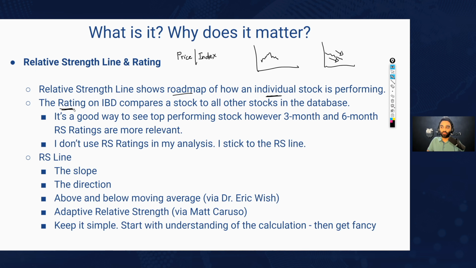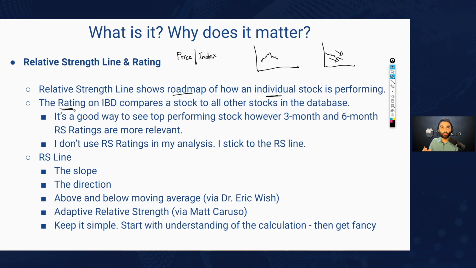The rating itself compares the IBD rating that everybody's fascinated by. It takes a stock and compares it to all other stocks in its database, and it comes back with a rating of 99, meaning it's outperforming 99% of all other stocks in their database. Now, it can get skewed, which a lot of people have seen on a 12-month basis.